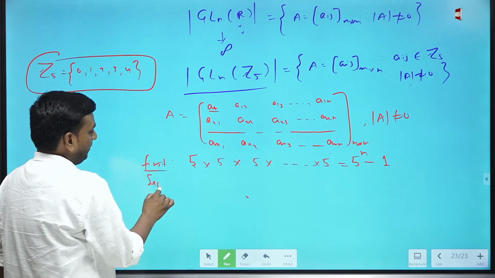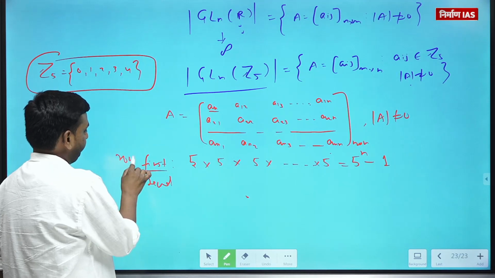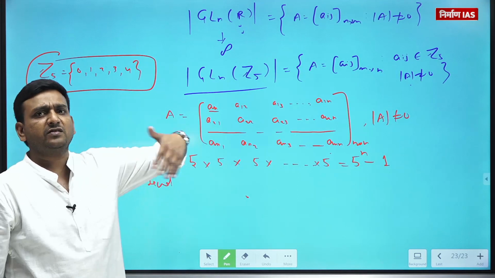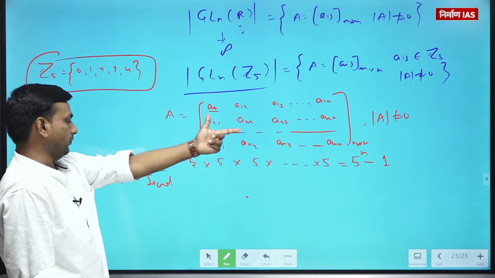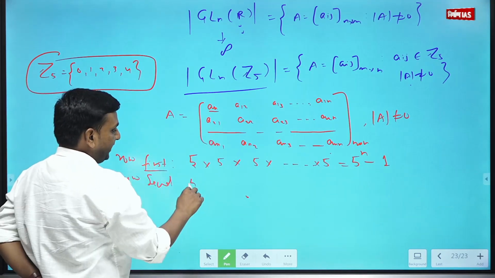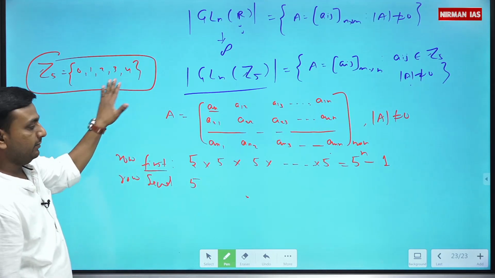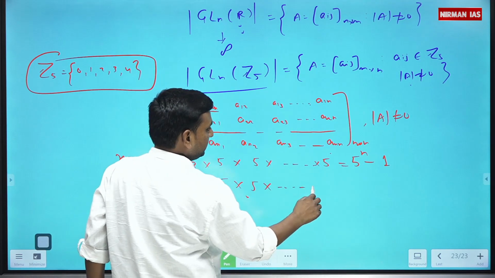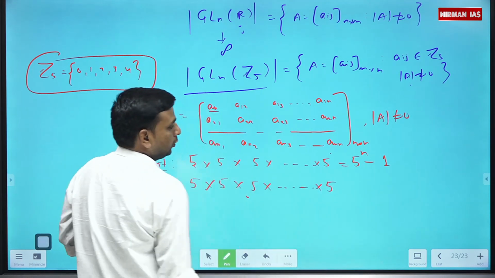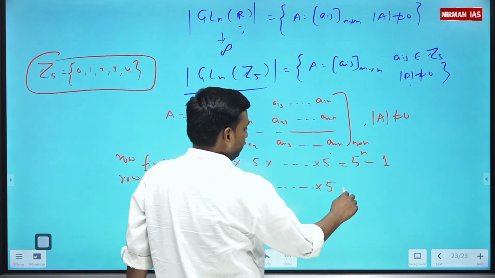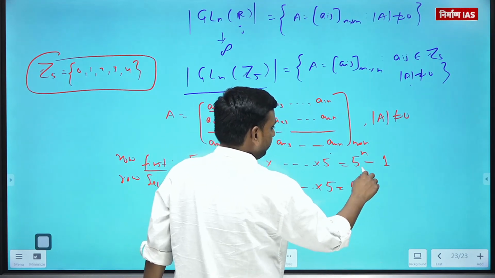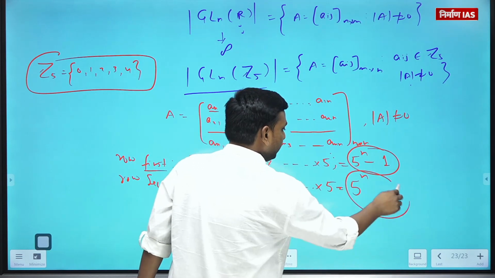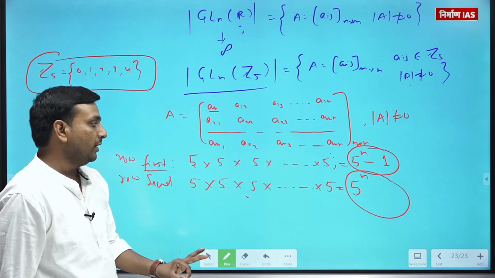Now I talk about the second row. The number of possibilities means how many matrices we can frame in this form. So A21 can take any entry from this Z5. A22 can take, A23 can take, in the same fashion A2n can take. So this is ultimately 5 raised to the power n.